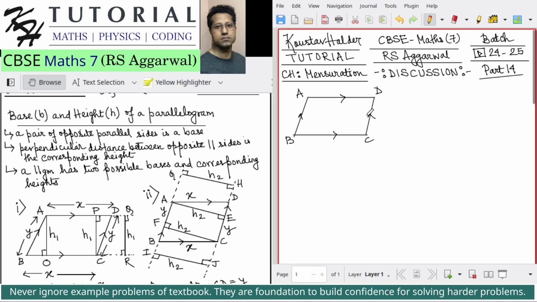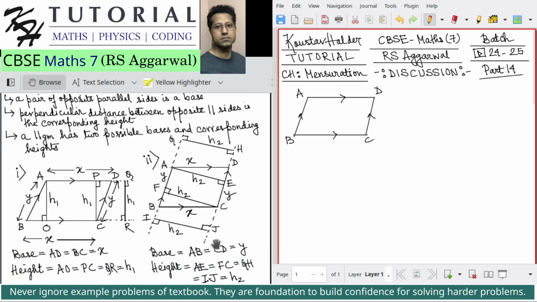Okay, so let's understand. As you can see on the left hand side, I have this parallelogram ABCD, where the sides AB and DC have length equal to y, and AD and BC have length x.